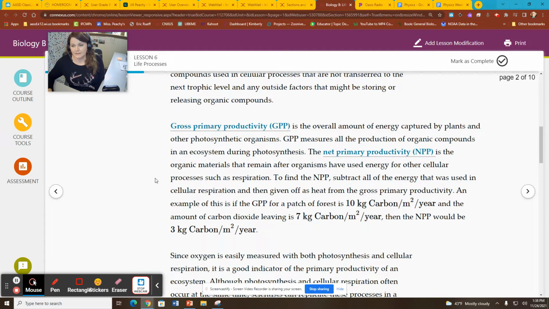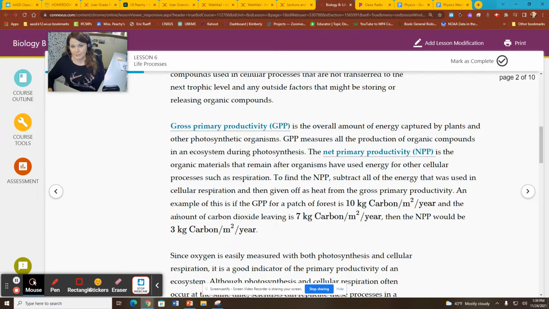And here they give you some examples of how you can calculate that. They say if the gross primary productivity for a patch of forest is 10 kilograms of carbon per square meter per year, so this is the amount of carbon in mass. This is per square meter, that's like the area of forest that we're covering, and in a given period of time.